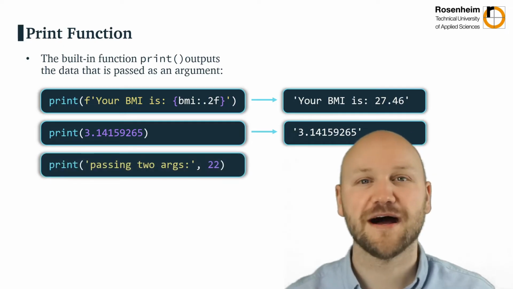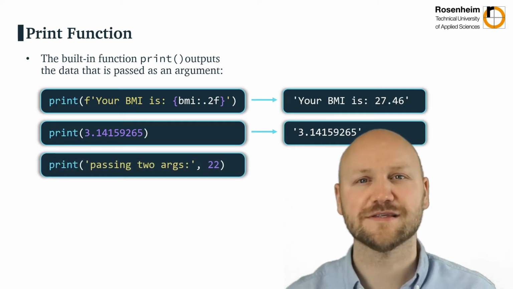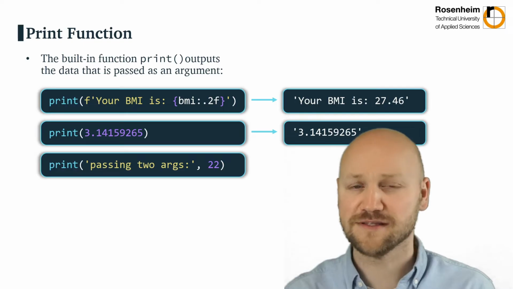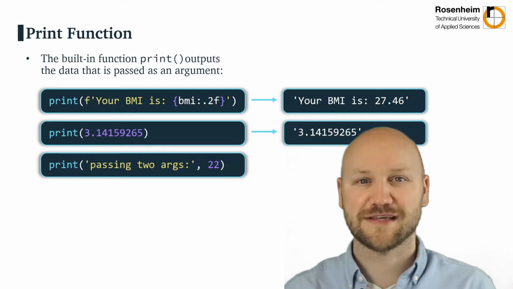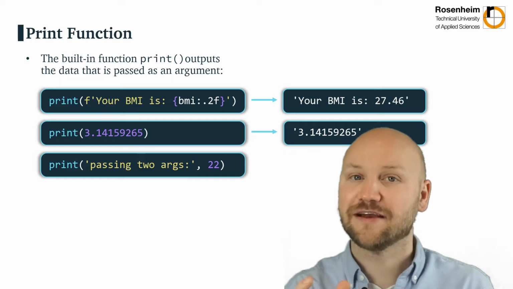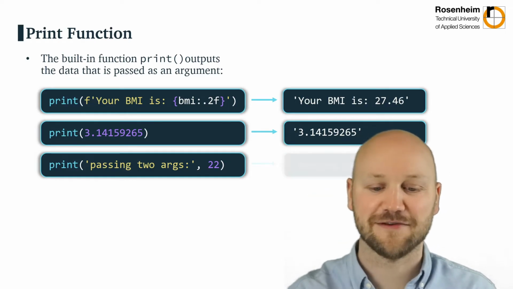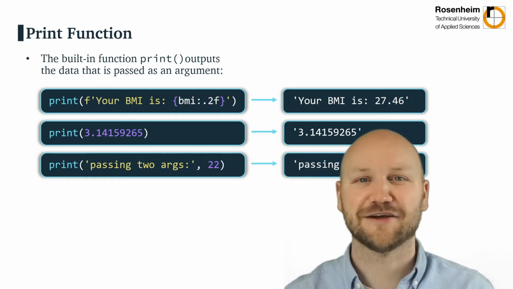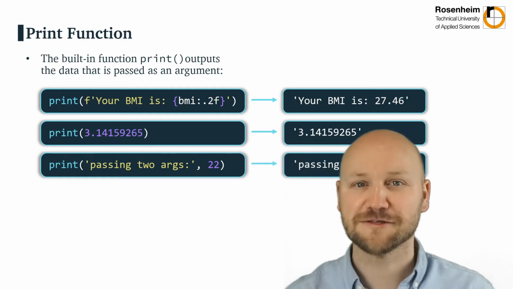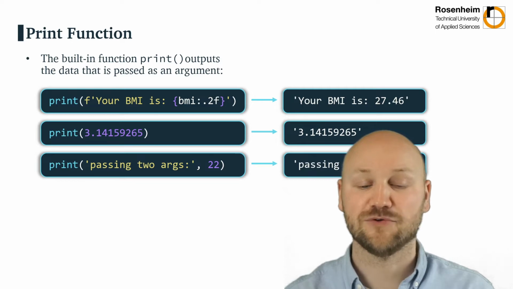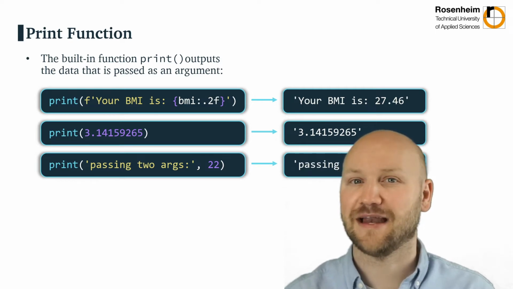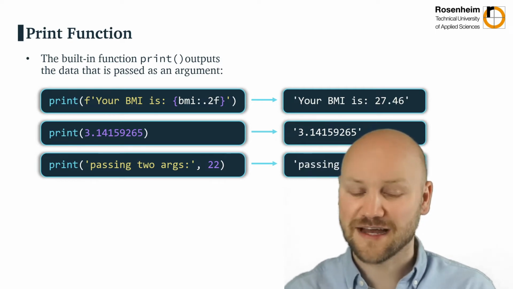You can also pass 2 arguments, and if you pass 2 arguments, no matter which data type, they are concatenated to each other, and a space is placed in the middle. Let's have a look at the output. You can see that there is a space between these 2 things, and you can also concatenate elements of different data types.